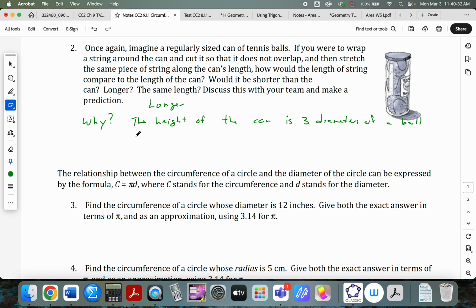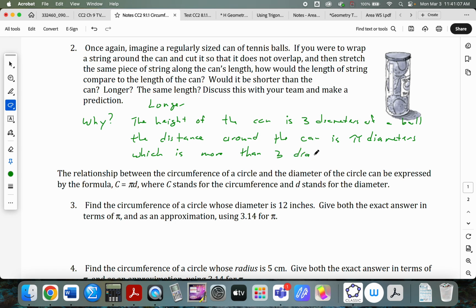But the distance around the can is going to be the circumference of a ball, right? So it's going to be pi diameters, which is more than 3 diameters.